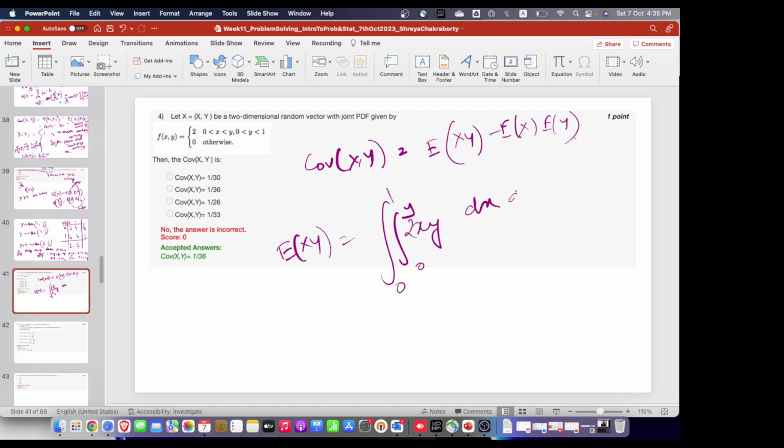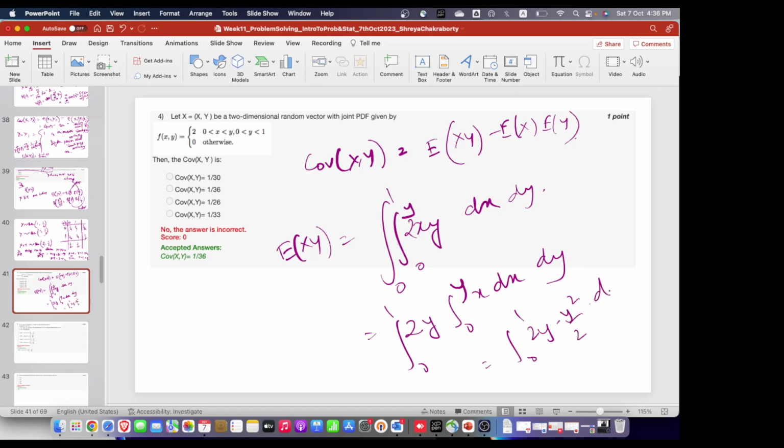So this is the integral from 0 to 1 of 2y times y square by 2 dy, which is the integral from 0 to 1 of y cube dy.